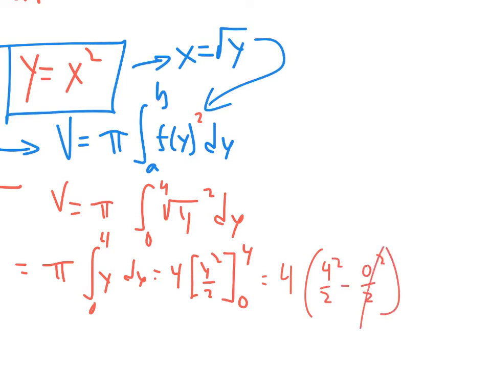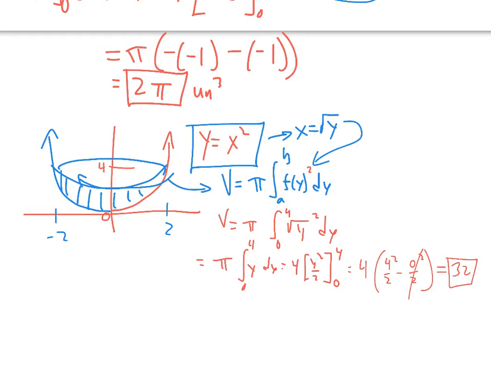And that's obviously 0. And so this is 16 over 2, that's 8. And so we have 8 times pi, and that would give us 8 pi. So the volume is 8 pi for that bowl-looking shape there.